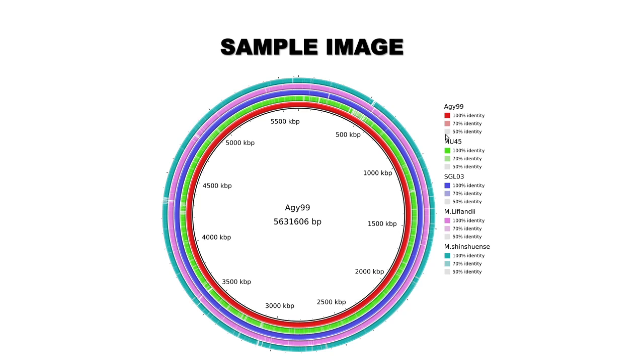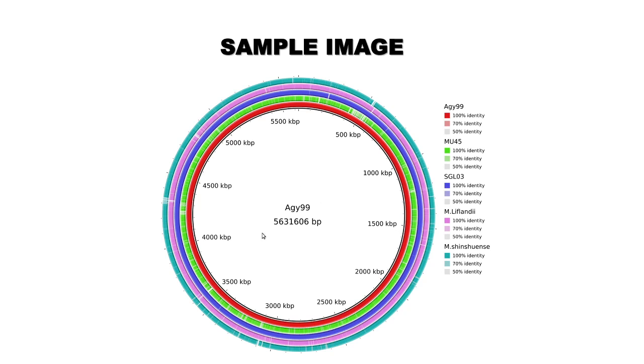My sample of interest was labeled MU45, but I wanted to compare with AG199, which is the reference genome for Mycobacterium ulcerans. I also wanted to compare to the SGL03 strain, that's also a Mycobacterium ulcerans strain, then compared to Mycobacterium liflandii and Mycobacterium shinshuense. So that's why we have these labels here.